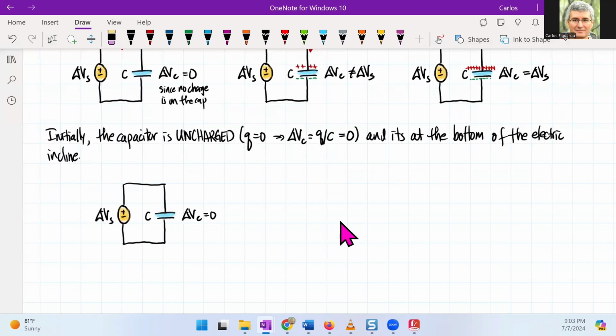The charges are everywhere in the circuit already. I don't need charges, they're already there. As soon as we turn on the power supply, charges move everywhere in the circuit.